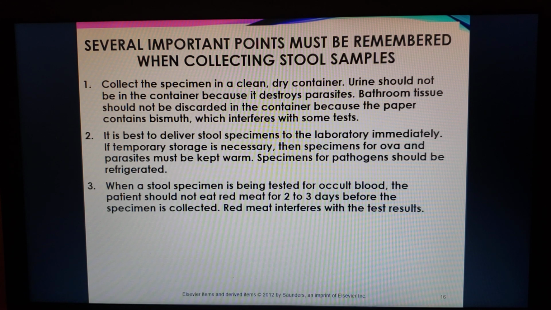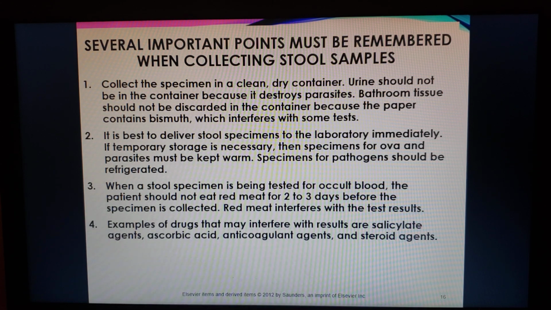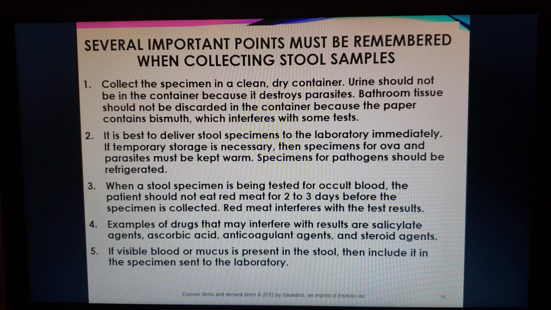It can interfere with the results. There are some medications that can interfere with the results, such as salicylates, ascorbic acid, anticoagulant agents, and steroids. If there is visible blood or mucus in the stool, you want to go ahead and just send that with the sample.